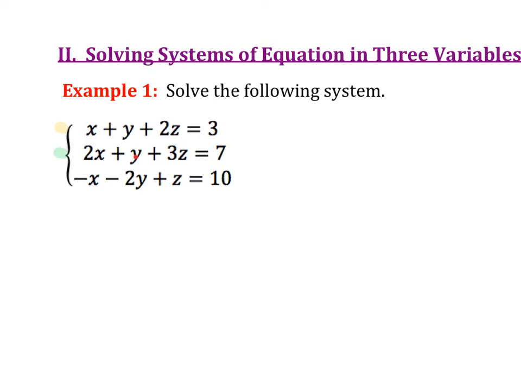I'm noticing here the y is the only thing that does not have a coefficient. The x and the z do, so I'm probably not going to want to multiply this equation by numbers if I don't have to. And then our last one here, it looks like the x and the z, those would be pretty easily eliminated here.